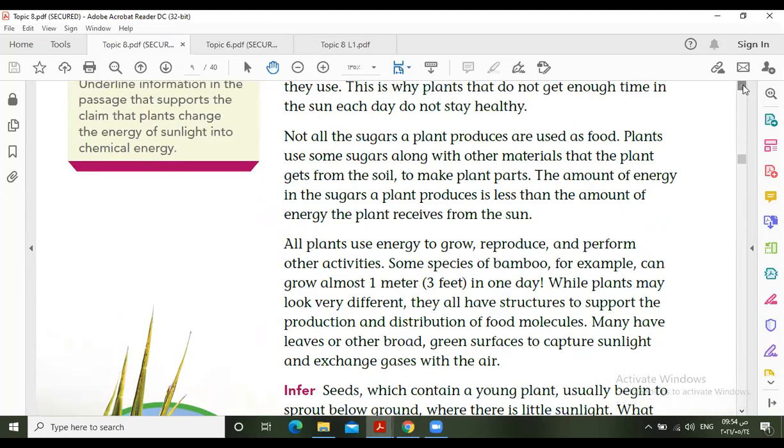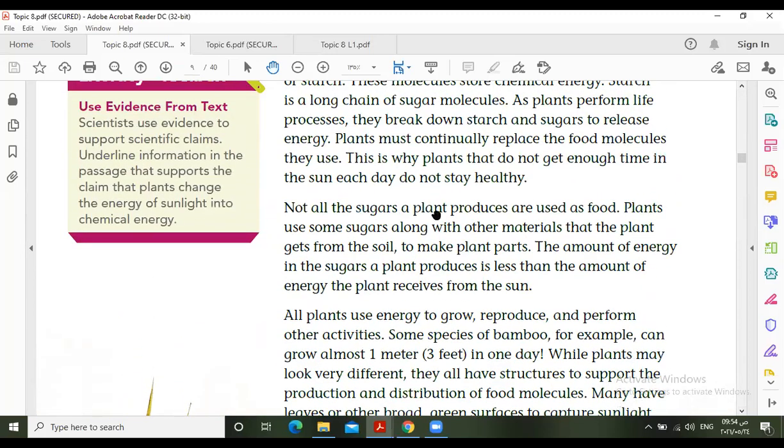You have to know this important point: not all the sugar a plant produces during photosynthesis is used as food.